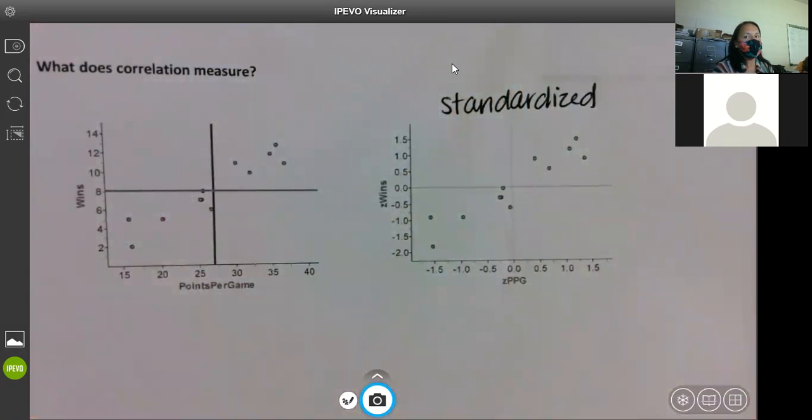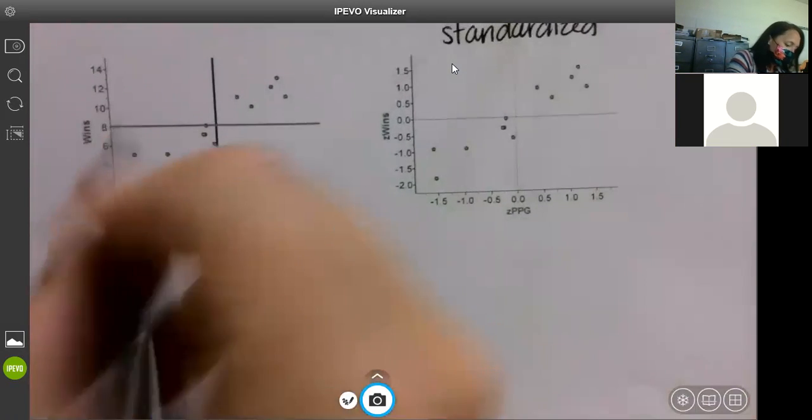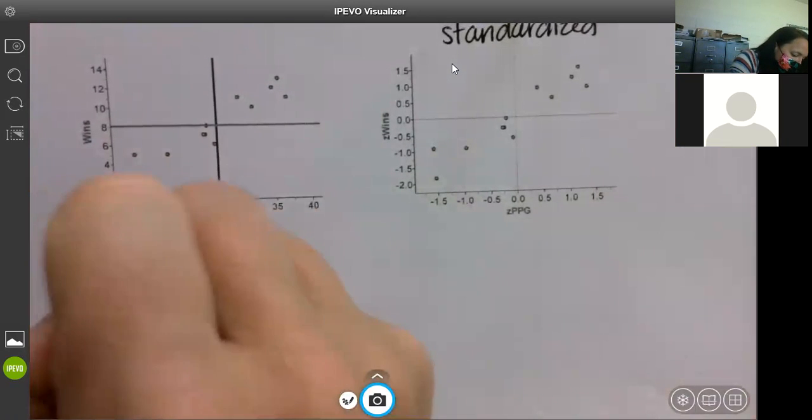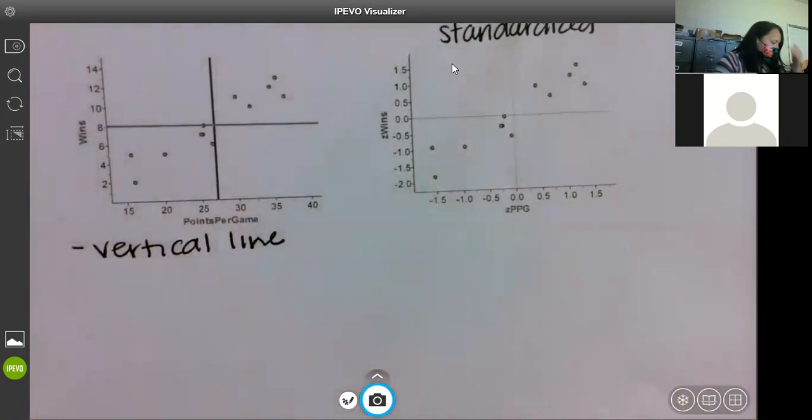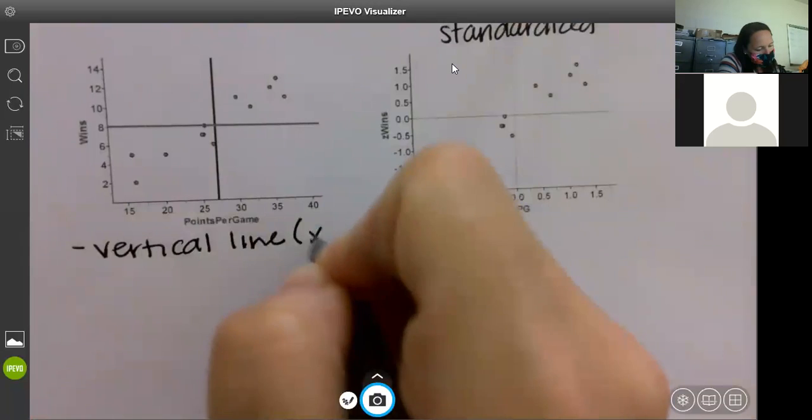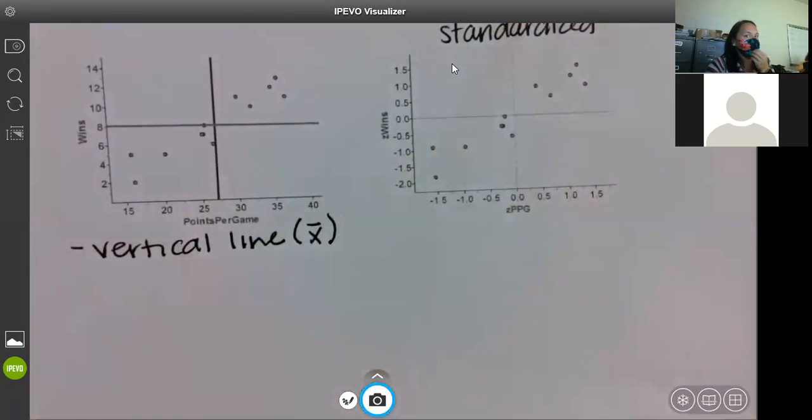Okay. All right. So let's look at just this first one. The vertical line is your mean. It's your mean points per game.